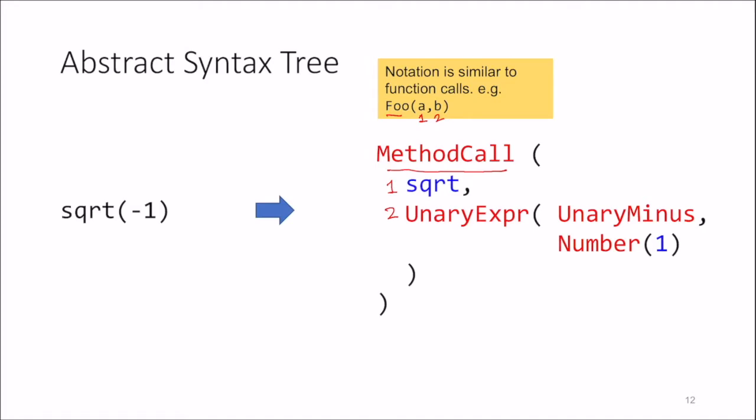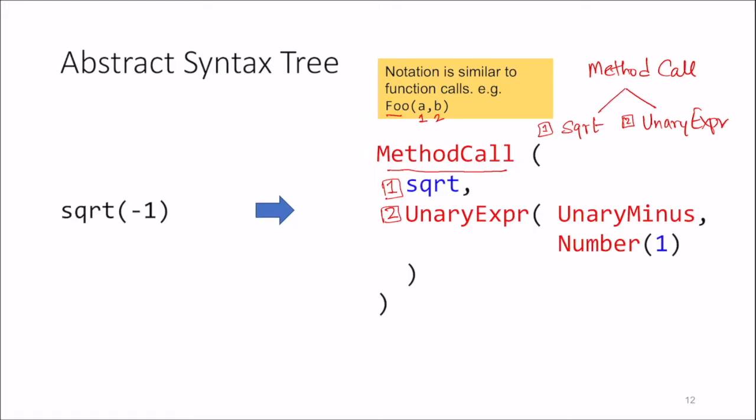So you can write it in this function call notation. You can equally well write it using a tree as well. It's a very sort of simplified tree compared to the more detailed tree that we saw before. So notice that I have 1 and 2. So there's the 2 children that correspond to this one and this 2, right?